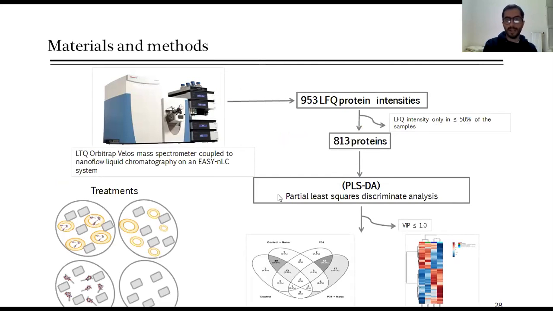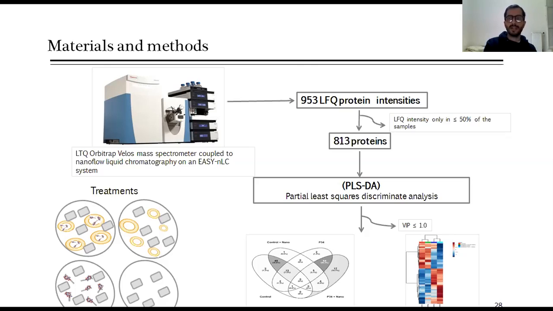In the proteomic study, co-cultures of Listeria alone, Listeria with empty nanoliposome, Listeria with nanoliposome carrying the fengycin, that is the main component of the antimicrobial peptide P34, and Listeria with free fengycin were cultivated in biological triplicate.